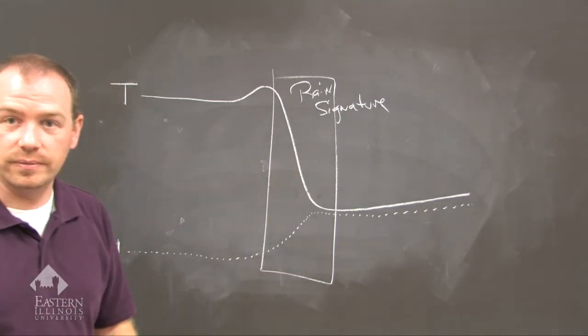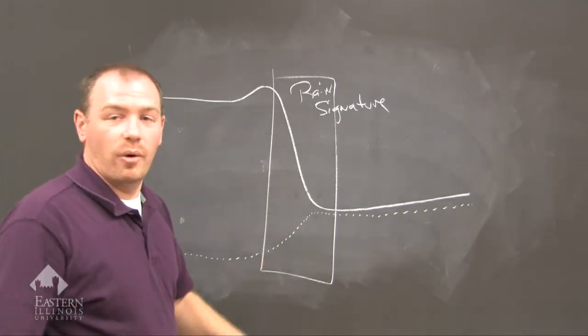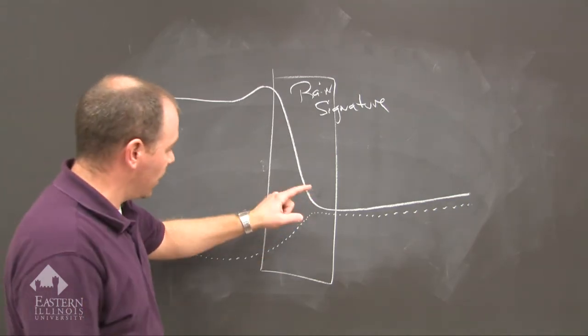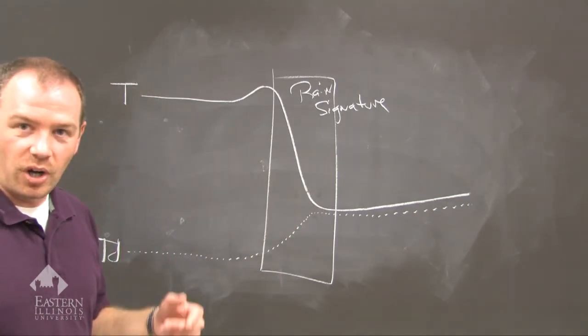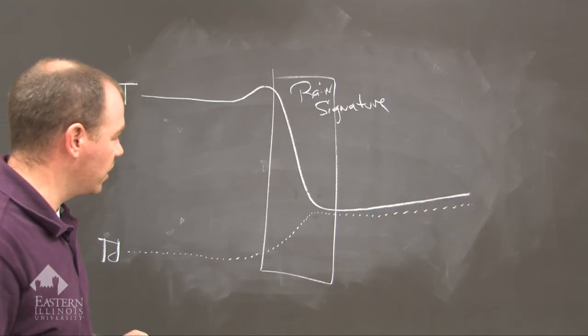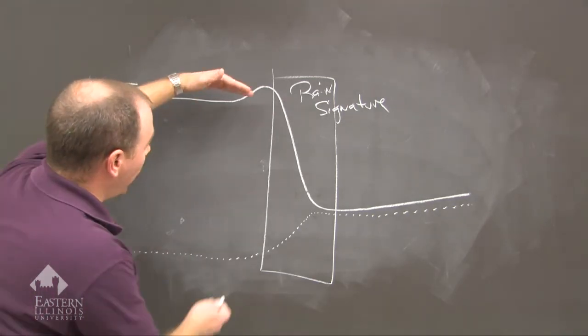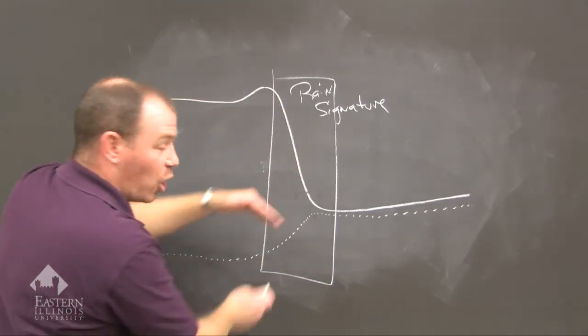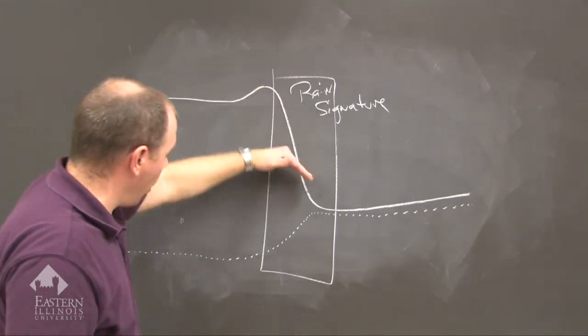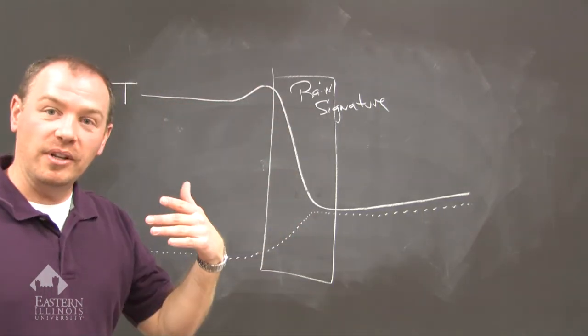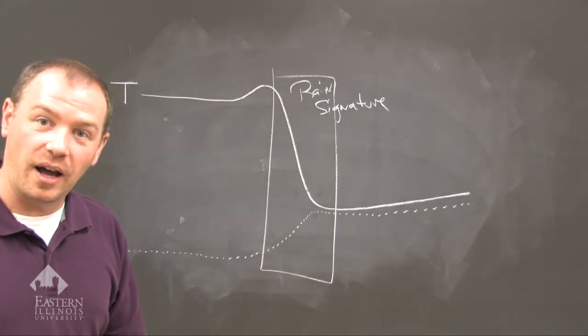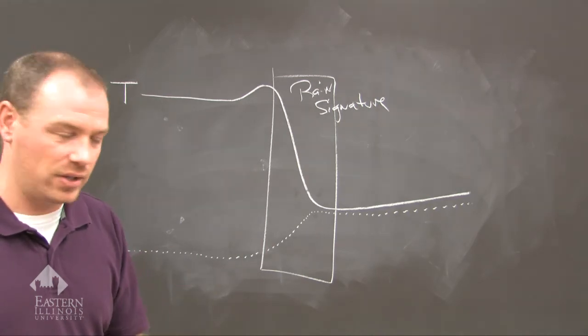The rain signature is the point where the temperature drops and the dew point rises to meet, where they're very close together. The dew point is always going to be equal to or less than temperature. So the greater this merge, the greater the drop and rise, the more significant the rain becomes. The rain rate is increased.